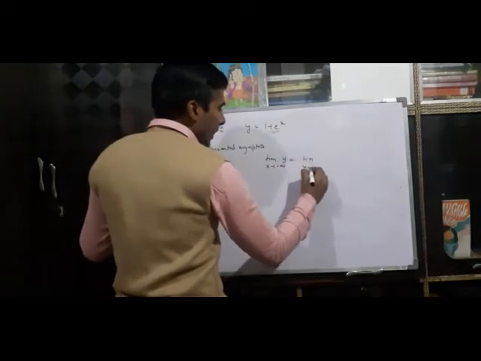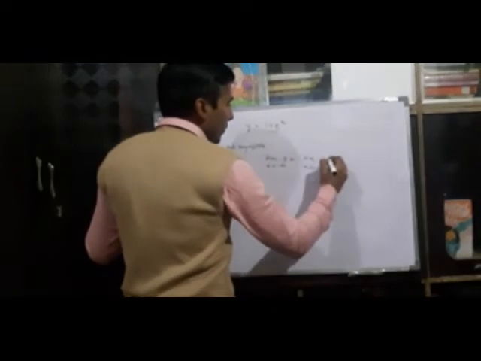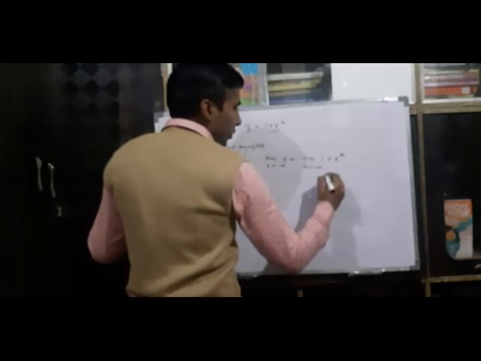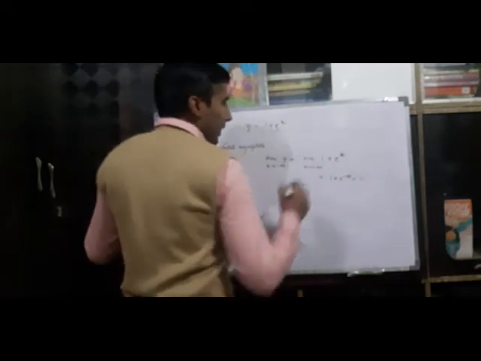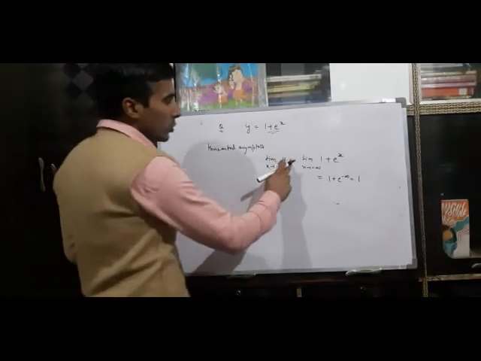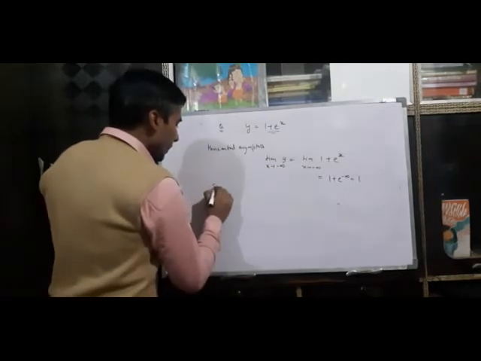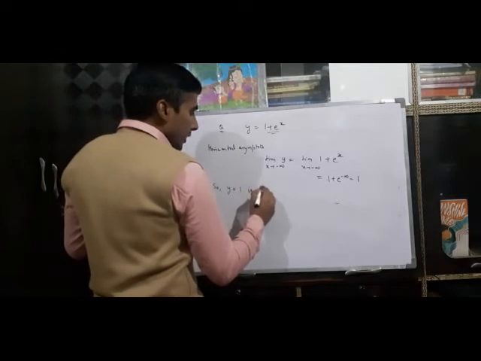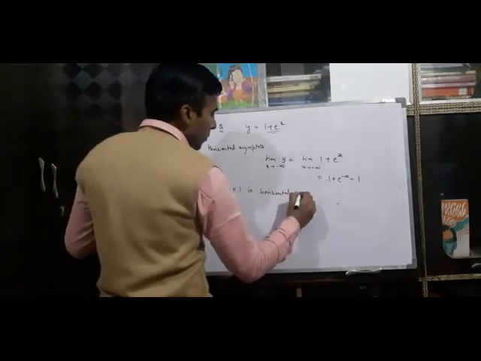The limit as x tends to minus infinity of 1 plus e raised to power x is 1 plus e raised to power minus infinity, and it goes to 1. So we can say that y approaches 1 when x approaches minus infinity. So here y equal to 1 is a horizontal asymptote to the given curve.